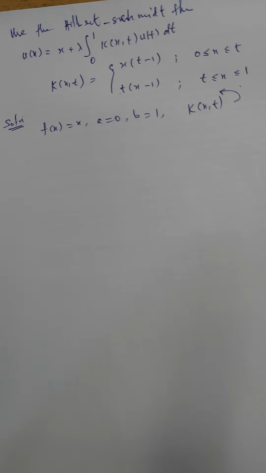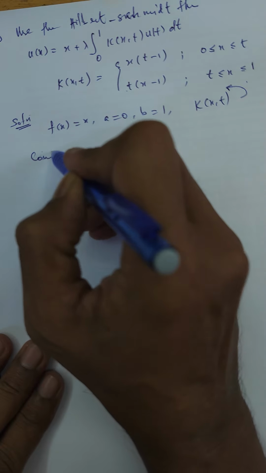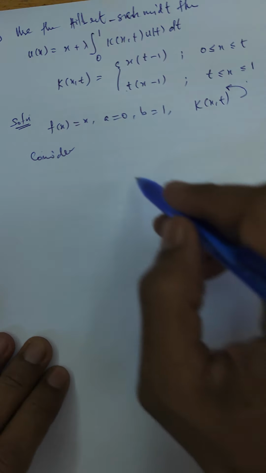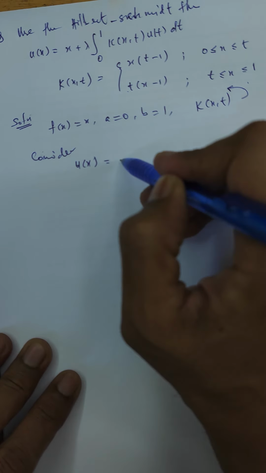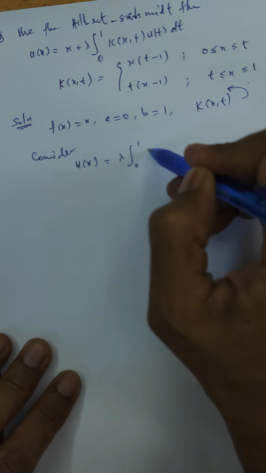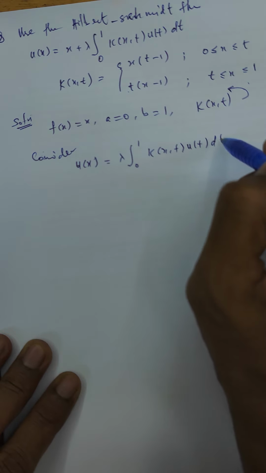Now we consider the homogeneous equation, which is given as u(x) is equal to lambda times the integral from 0 to 1 of k(x,t) u(t) dt.